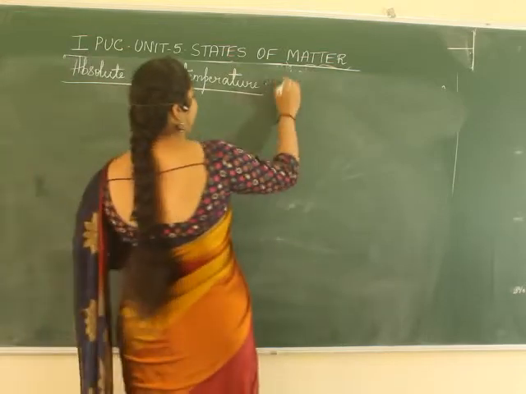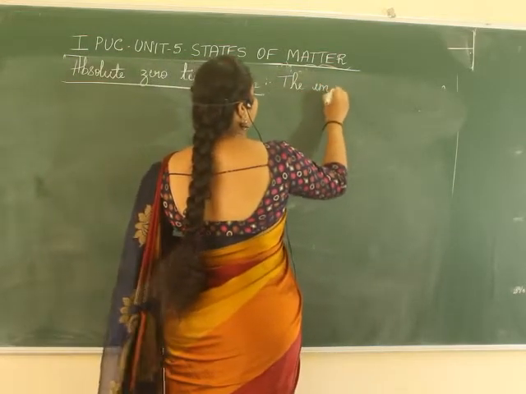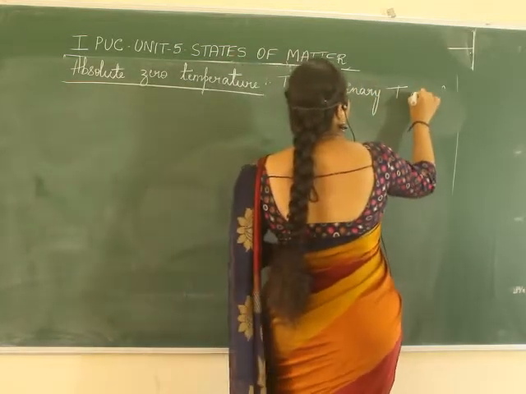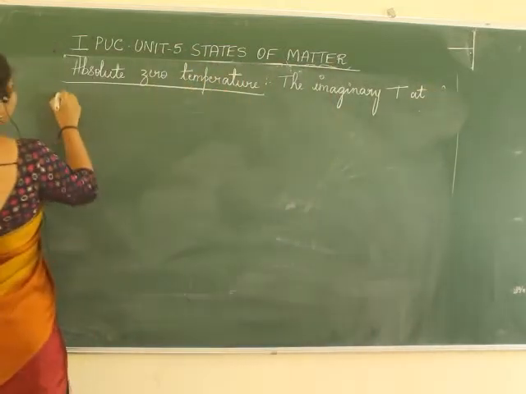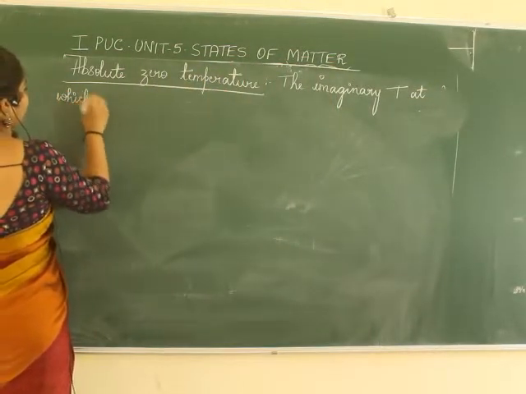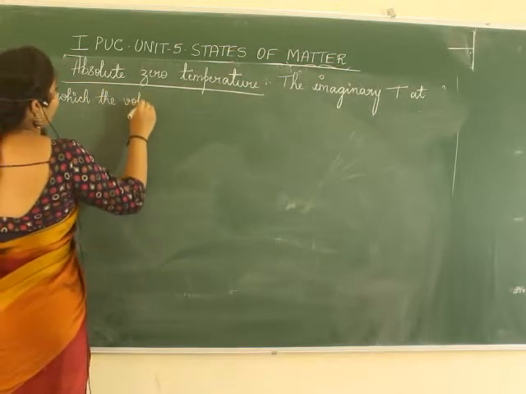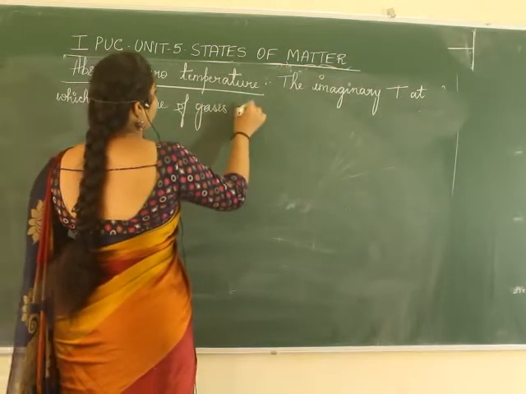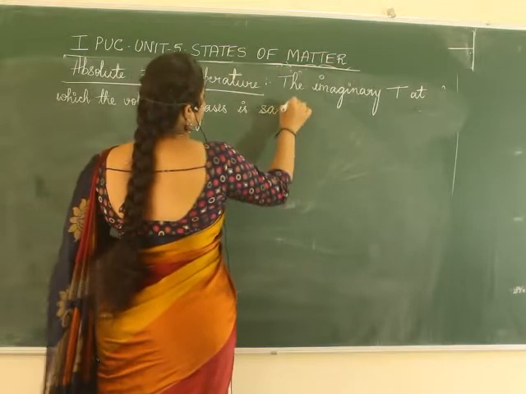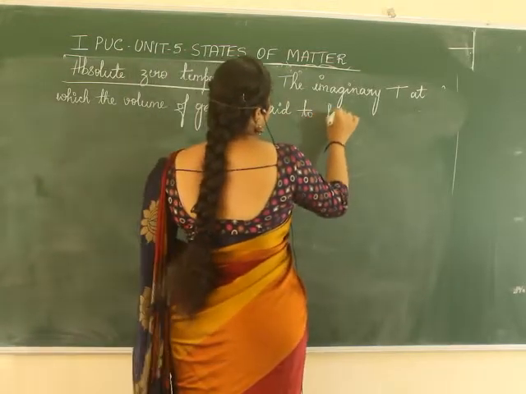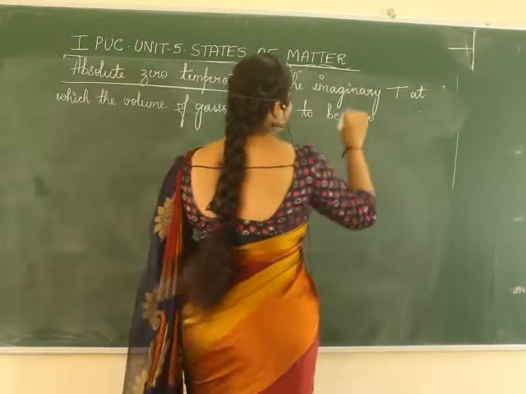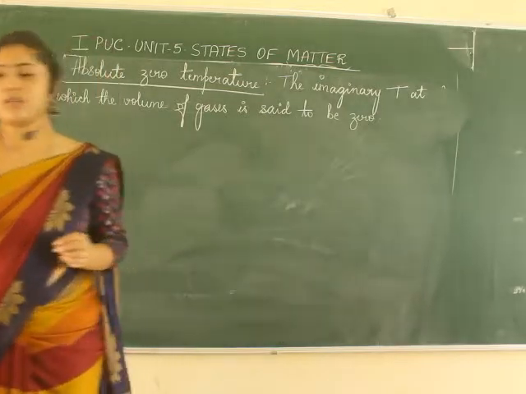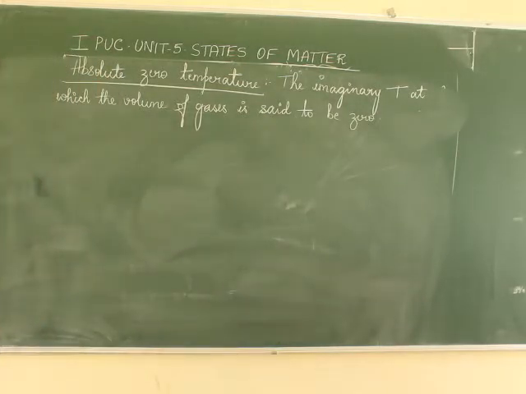The imaginary temperature at which the volume of gases is said to be zero is called absolute zero temperature. Clear? So that's about Charles' law.